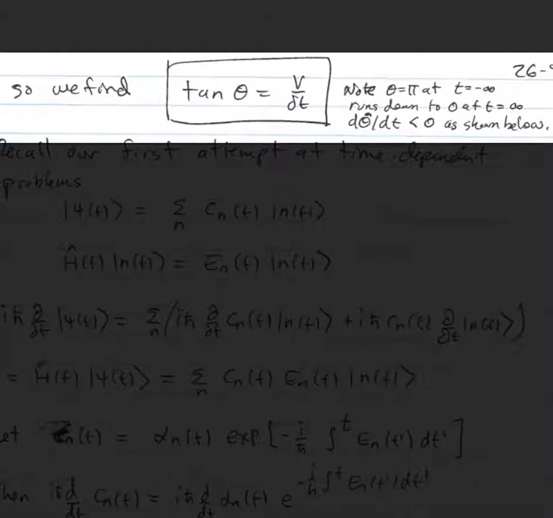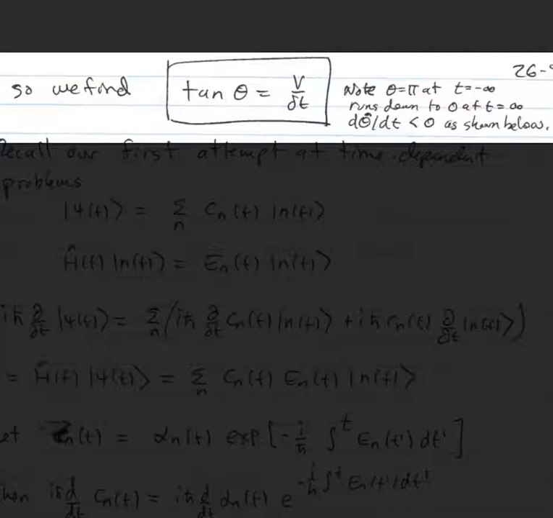Let's look at what this is going to be in our two limits. As t goes to minus infinity, if I assume v and delta are both positive numbers, I'm going to find that the tangent of theta is going to 0 from the negative side, and so theta is going to be approaching pi.